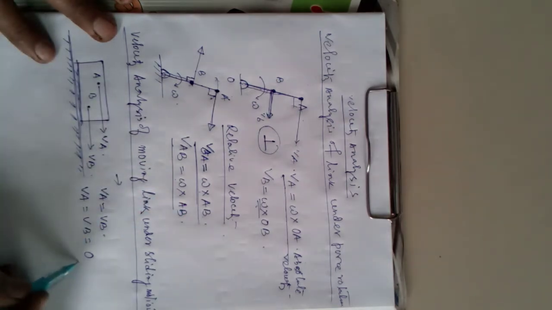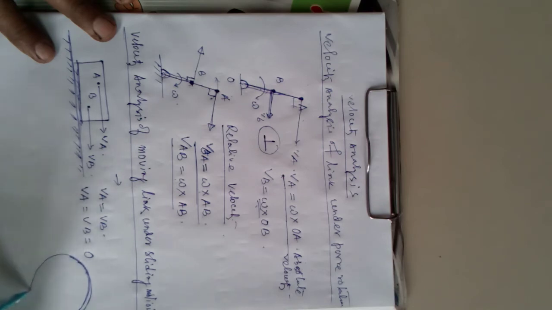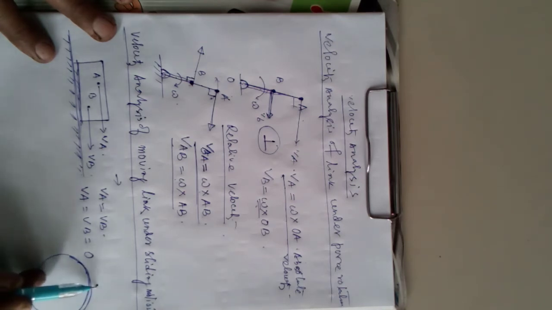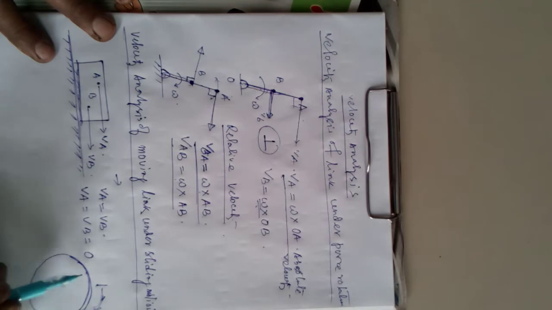Suppose you consider the earth. With respect to this earth, if you see a particular link, normally you can see this is moving, but actually this link is also rotating with respect to the earth's center.